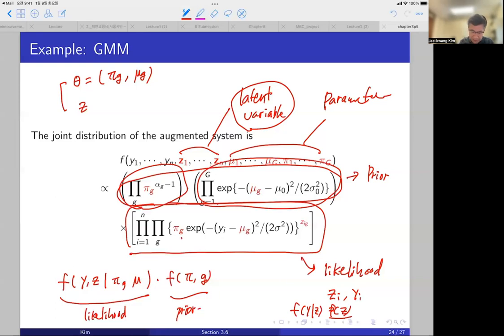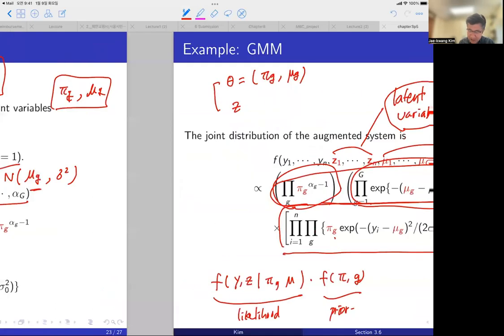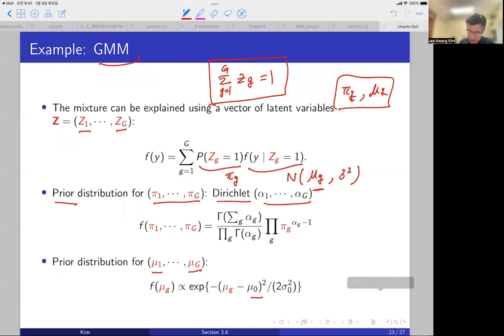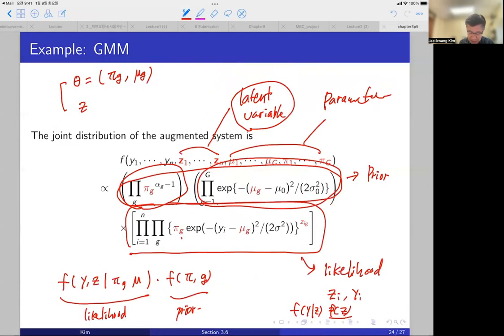So what is the density of z? The density of z is a multinomial in some sense: pi 1 to the z1, pi 2 to the z2, up to pi g to the zg. So that is the density.